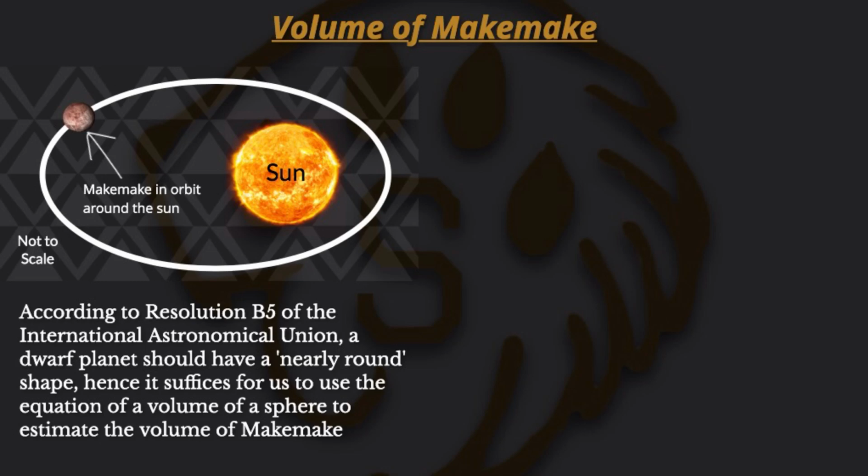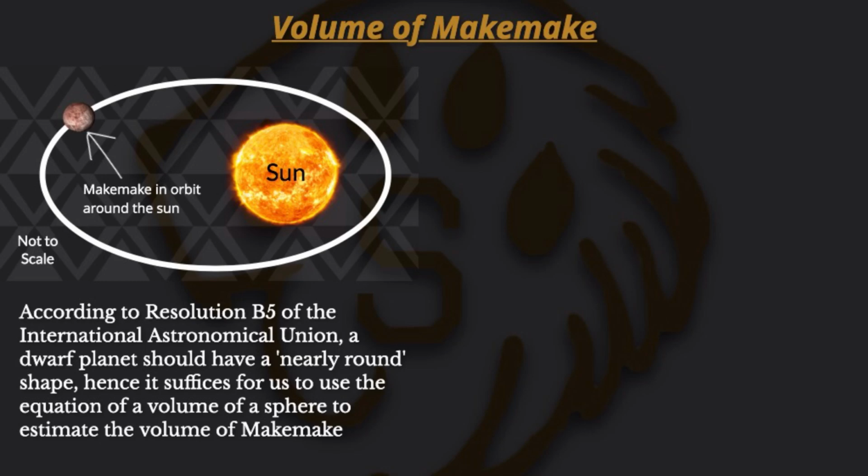So like we know from the previous videos that we've done, in 2006 the International Astronomical Union, the IAU, met and made some resolutions. One of them was called resolution B5, which defined a planet, because there are different definitions of a planet, and we had many bodies considered as planets, but we needed to really define this word planet, so that we have specific characteristics for that category of planets.